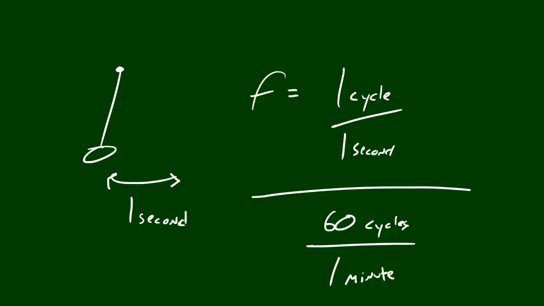That's what frequency is. So furthermore, we'll do a slightly different example, because more people have trouble understanding a frequency that's less than a second. So say that a pendulum had a frequency of 1 cycle over 4 seconds.